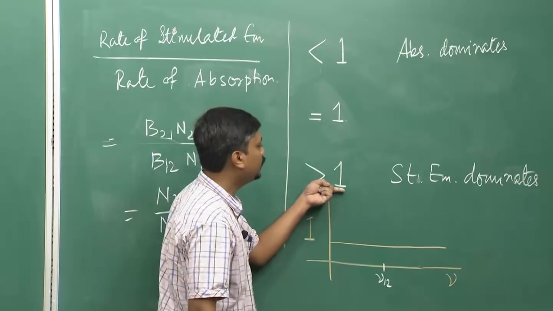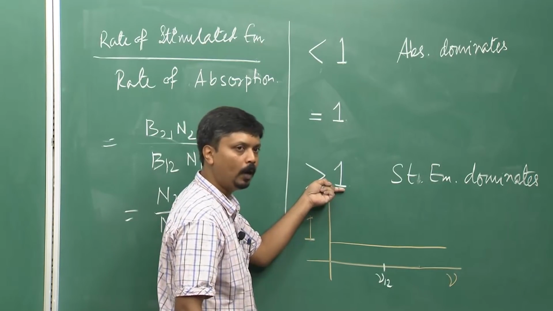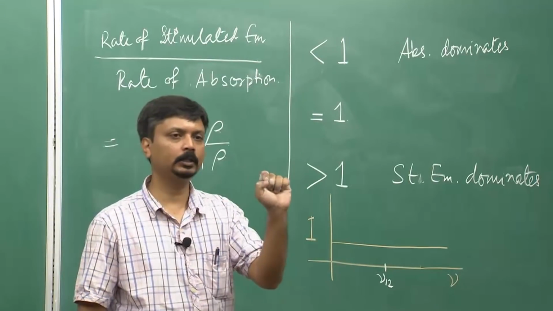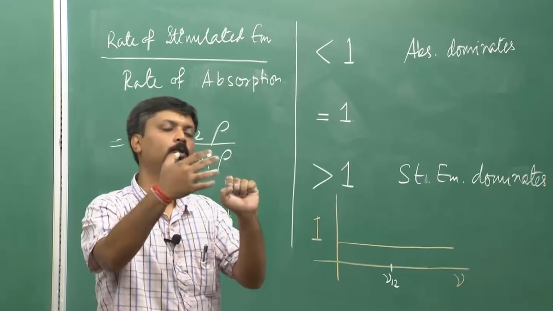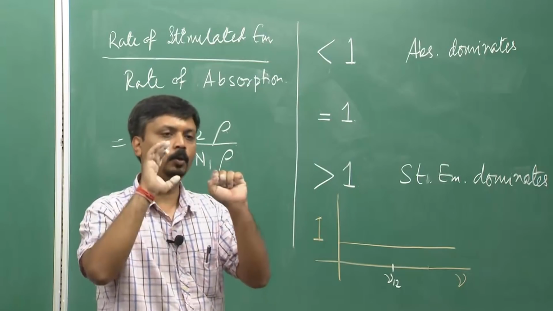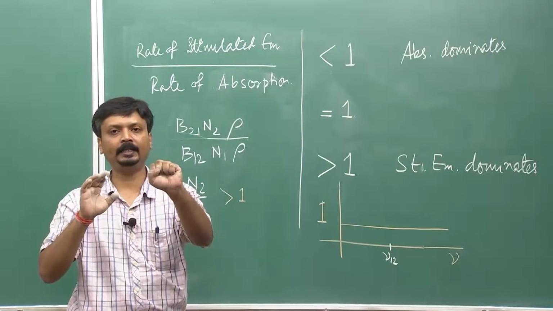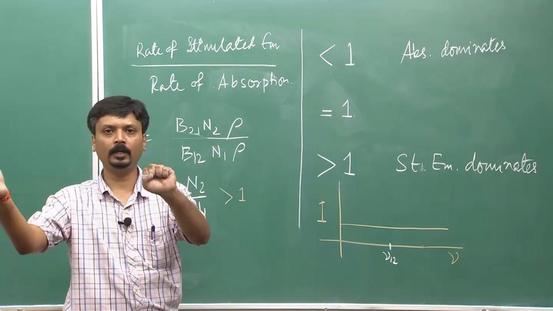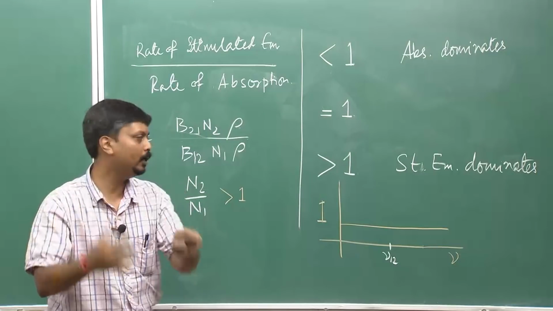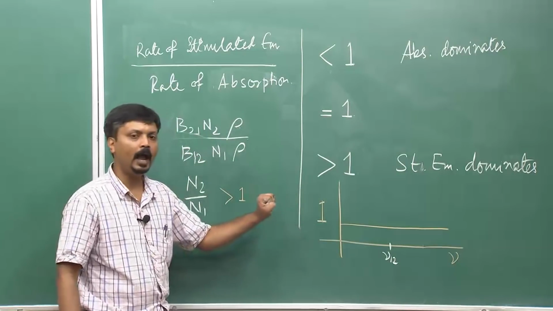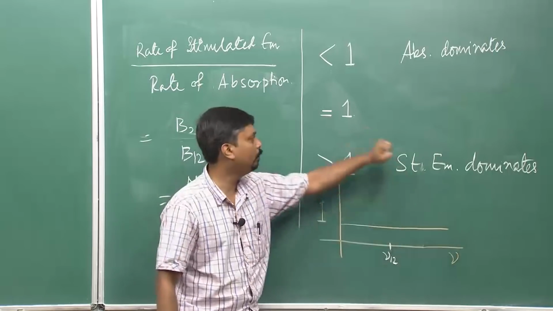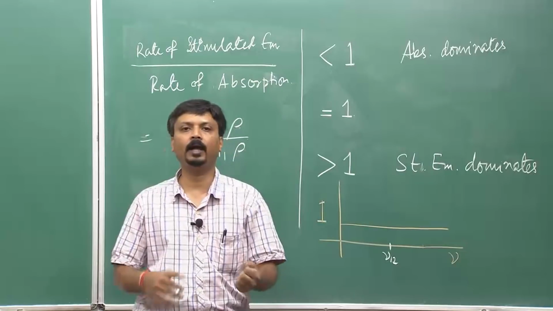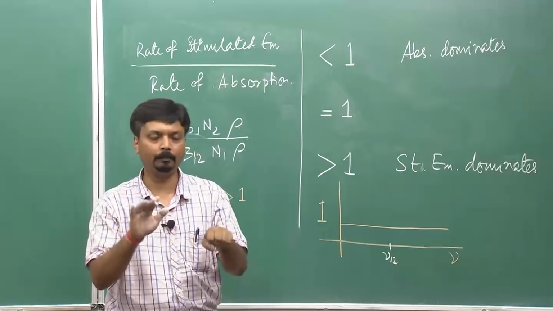Now, the condition when I have N2 greater than N1, then what I will have, I am putting some number of photons and I am getting a number of photons which is much higher. So, when I give say x input and get n times x as output, then I say I have gain. Here also I am giving photons and I am not getting anything extra out of it, so my income and expenditure are both the same, no gain.